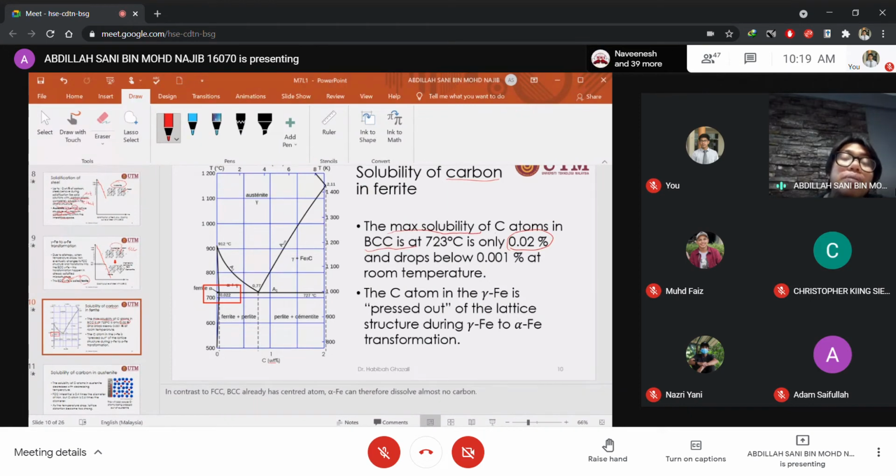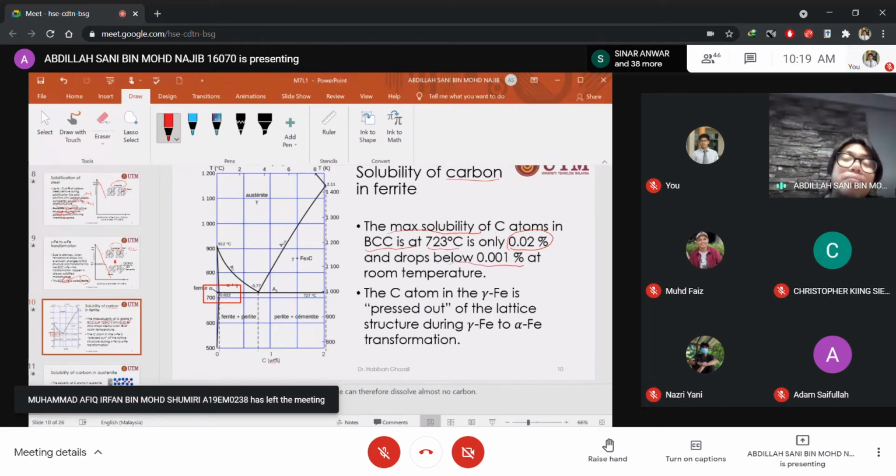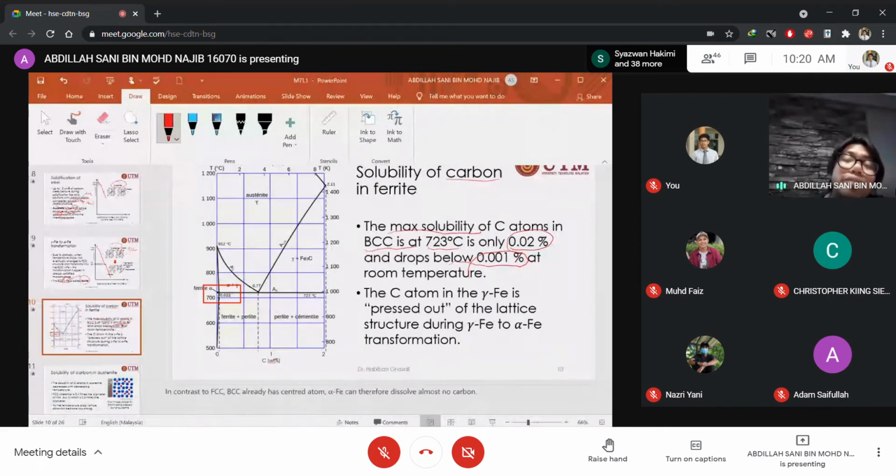This is at 723, and it becomes even less soluble when it reaches room temperature, recorded as 0.01%. So very, very little carbon can be dissolved in the BCC crystal structure, or more precisely in the ferrite.